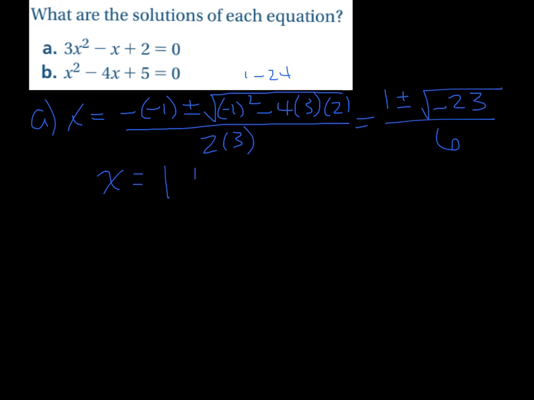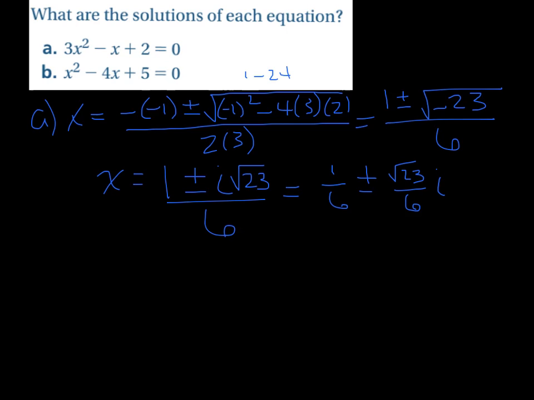So that's going to be 1 plus or minus, the negative becomes i, so it's i square root of 23, divided by 6, and now we're going to split it. We're going to have 1/6 plus or minus the square root of 23/6 times i. And that would be our solution to that quadratic equation.